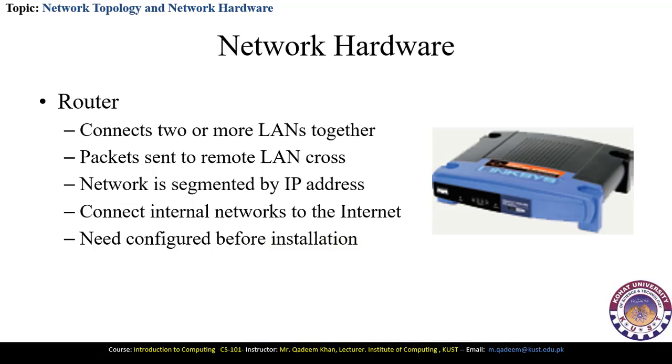Now, it requires configuration before installation. Configuration means how many IP addresses we want to allocate here. We can use different classes of IP addresses, as there may be class A, B, C, or any other class. This device is in fact used to route the data, and it sends data through the shortest routes. That's why it requires careful configuration.